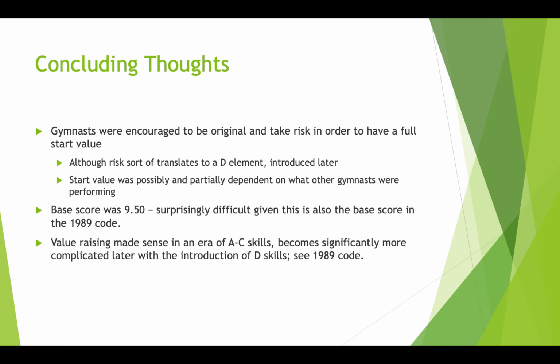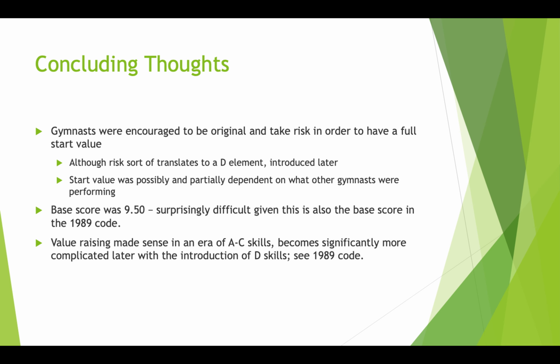One thing that is certainly unique about this code, though, is that a gymnast's start value was partially dependent, if they went the originality route, on what other gymnasts were performing. So you could have a 10.0 start value at the World Championships only to have a 9.9 start value at the next competition if one more gymnast performed the same super rare element that you had originated.